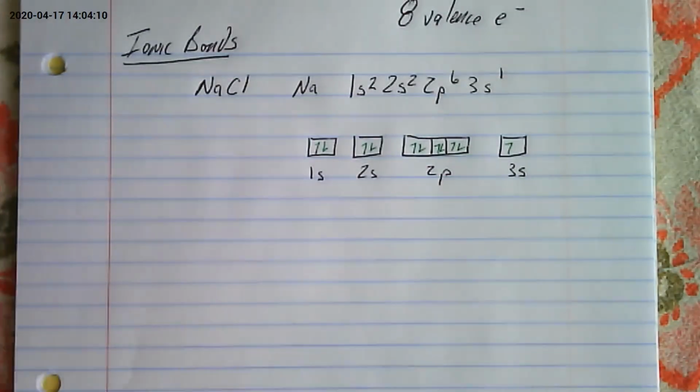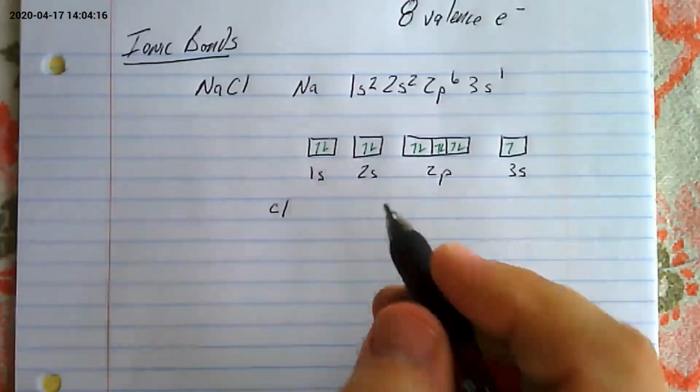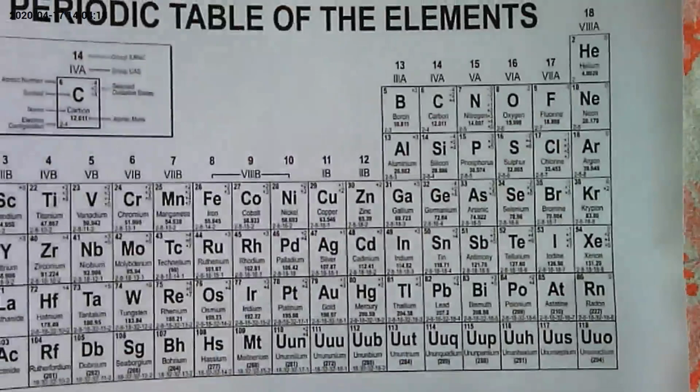So electron configuration would be 1s2, 2s2, 2p6, 3s2, 3p5.